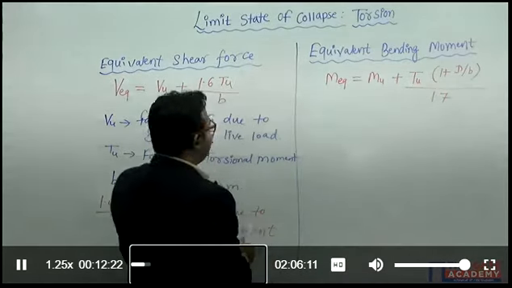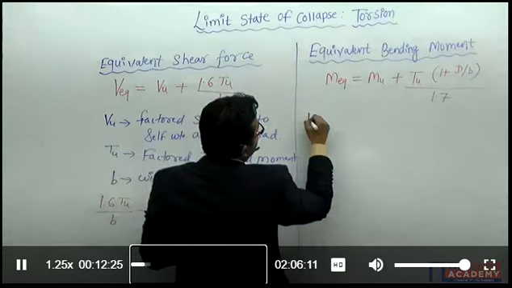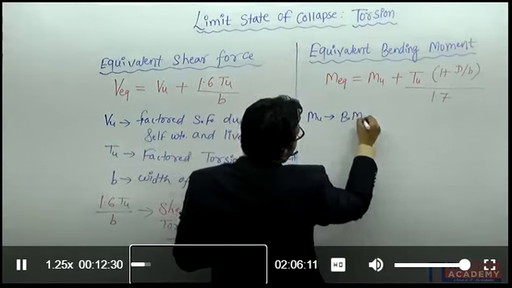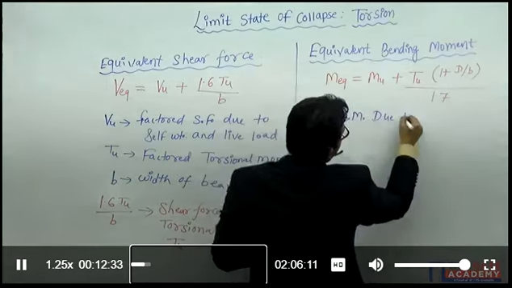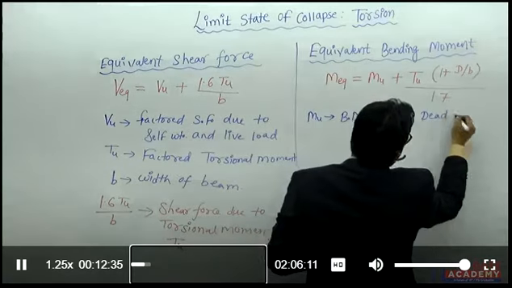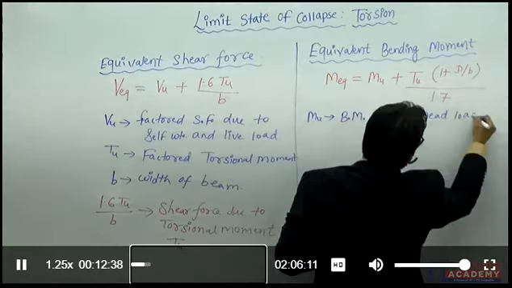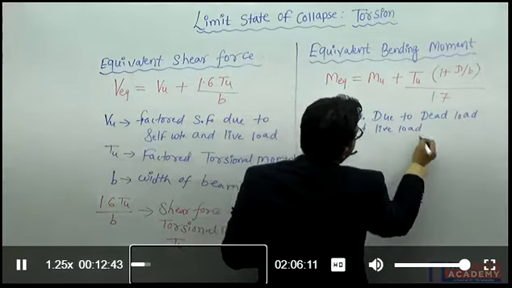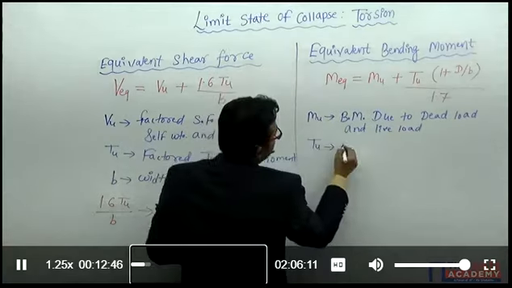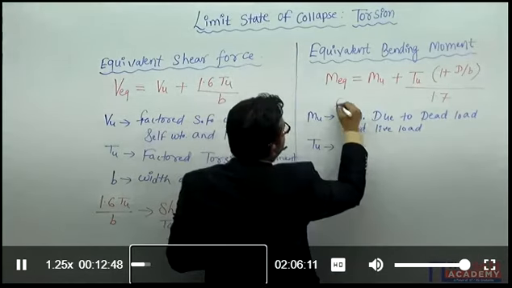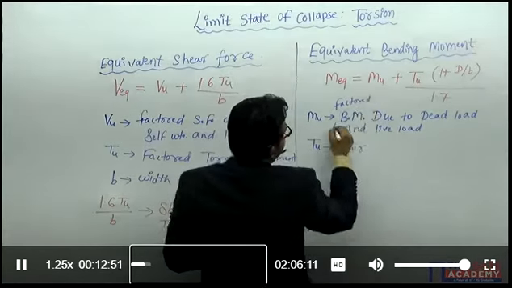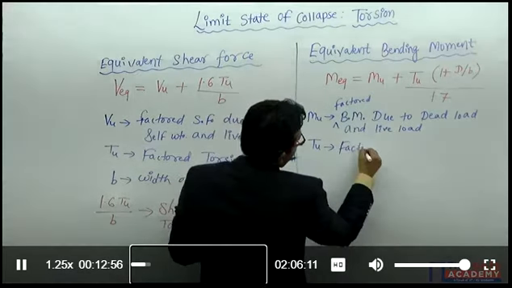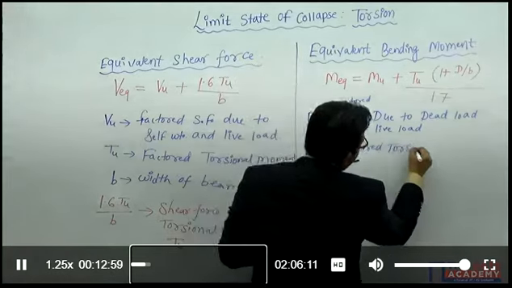So here I can write, MU is the bending moment due to dead load and live load. TU is the torsional moment. These all are factored. Factored torsional moment.